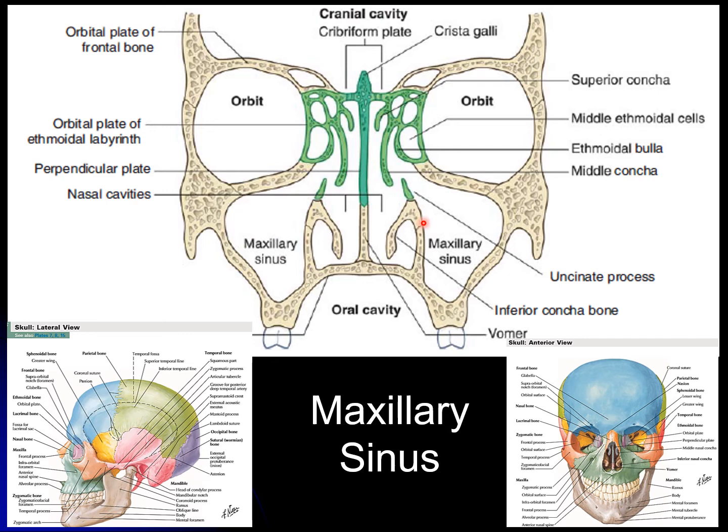We can see the inferior concha, which is a separate bone we already discussed, connected to the maxillary bone, and it has a small projection known as the uncinate process. Superiorly we can see this is the ethmoid bone. This is the part of the ethmoid bone known as crista galli. And from the ethmoid bone we have projections, the superior concha and middle concha.